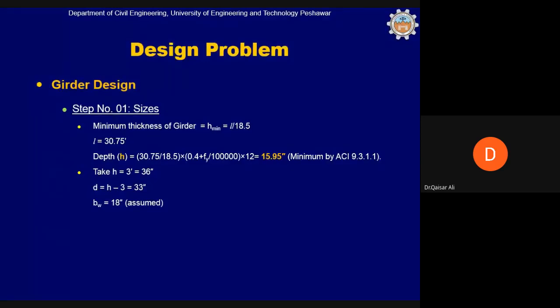The support can be provided in two ways. Either we provide a column or we provide another beam to support this. The column is very obvious, because if a column is provided beneath the beam, the beam will be perfectly divided into two spans, and every beam will deflect, but the point where the beam is supported on a column cannot deflect.